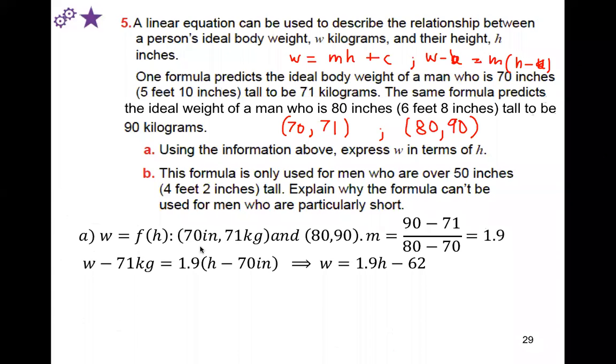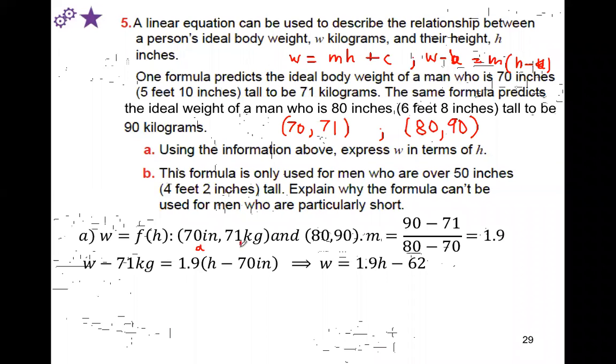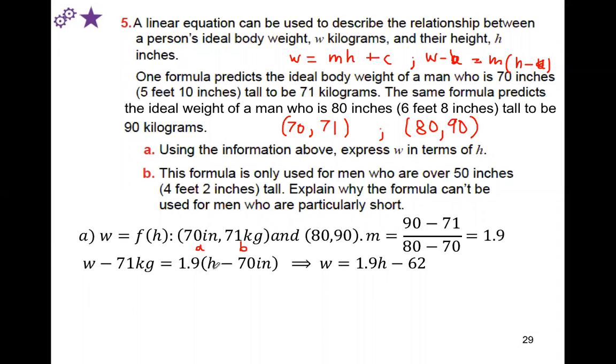So this is A and this is B. So H minus A is going to be H minus 70, and W minus B is just going to be W minus 71.